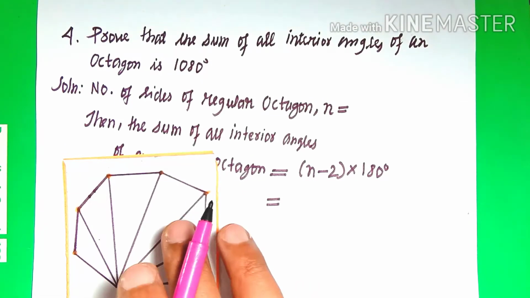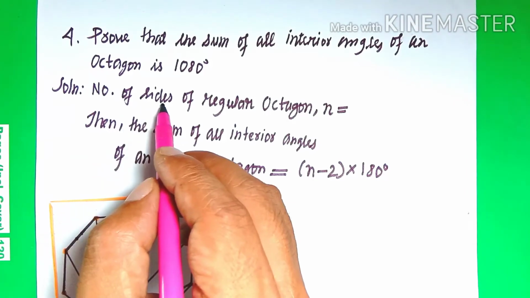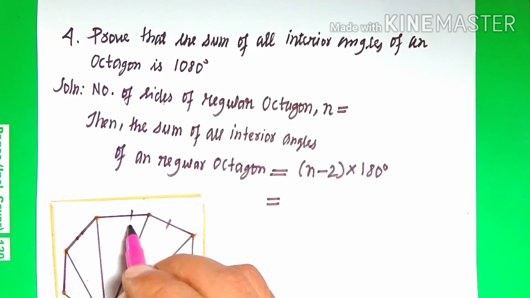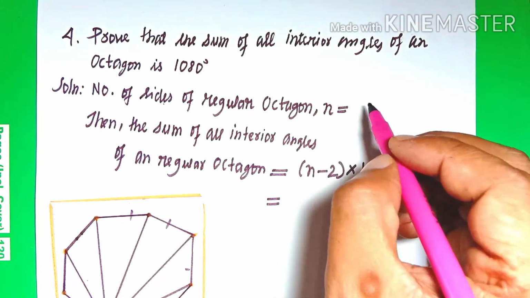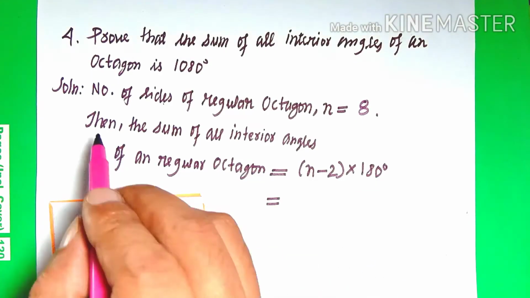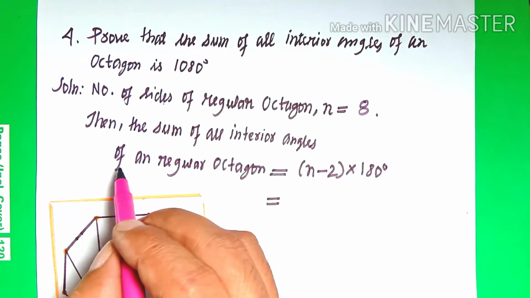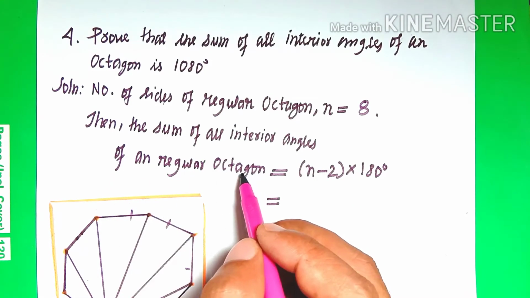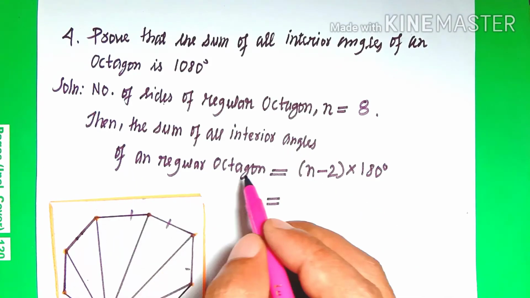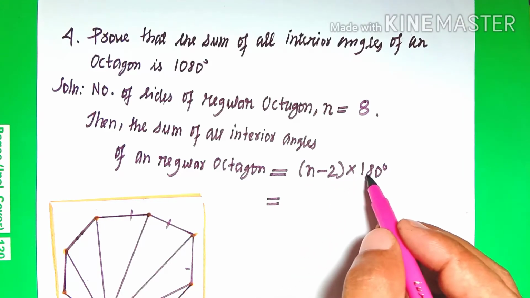So that means to prove this, you'll have to know the number of sides of a regular octagon, which means all the sides are equal. So for an octagon, the number of sides is 8. And we know that the sum of all the interior angles of a polygon is given by the formula (n minus 2) into 180 degrees.